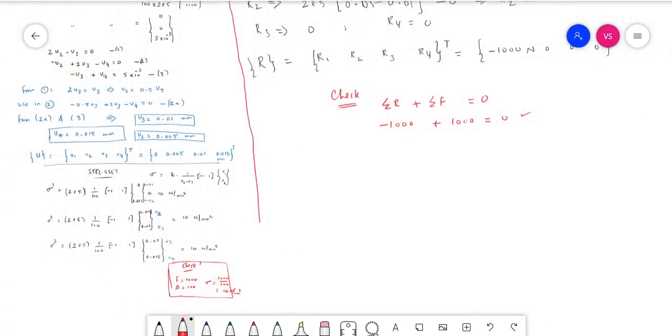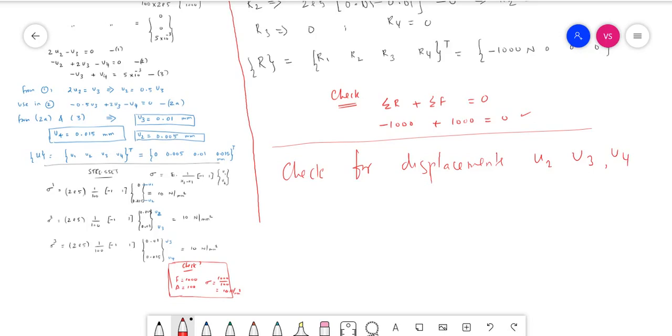But we did not check for the displacements. That is, for part A, check for the displacements U2, U3, U4 from theory, against the theory.